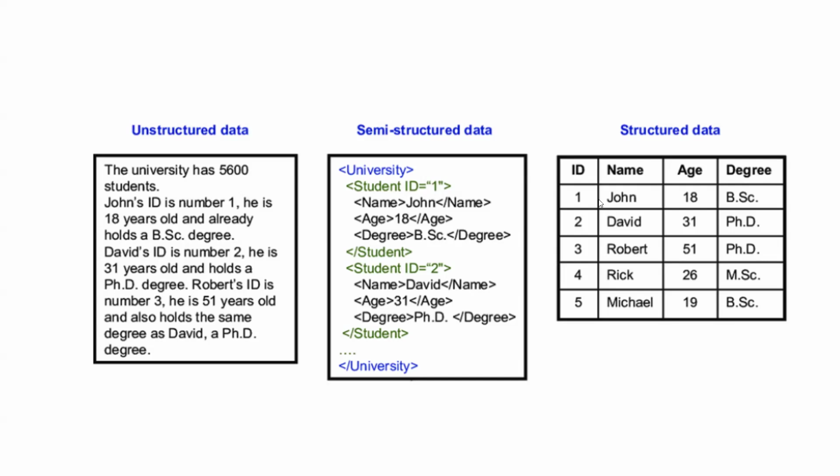Where does DynamoDB come into the picture? DynamoDB comes into the picture to handle unstructured data. Any kind of unstructured data, DynamoDB can store and handle very well. So that is the benefit of DynamoDB itself.